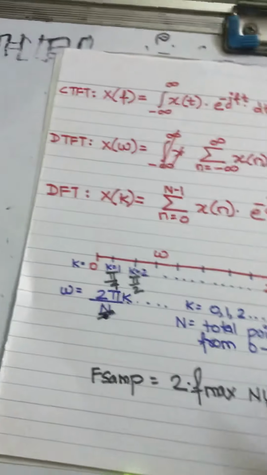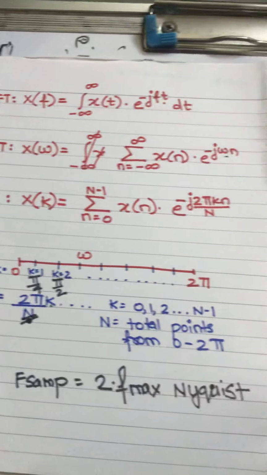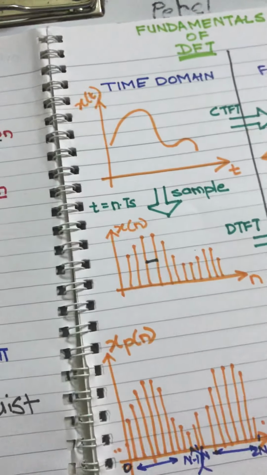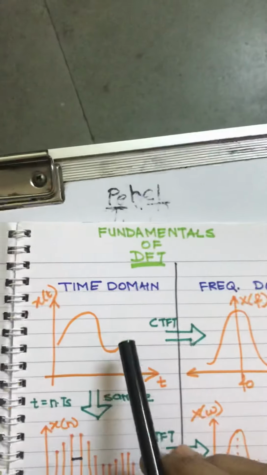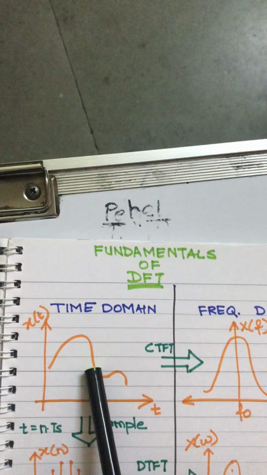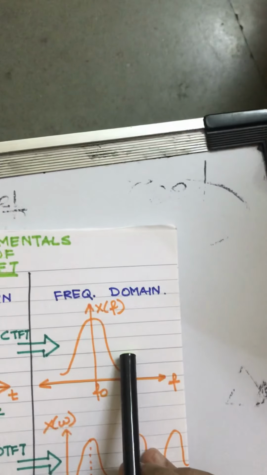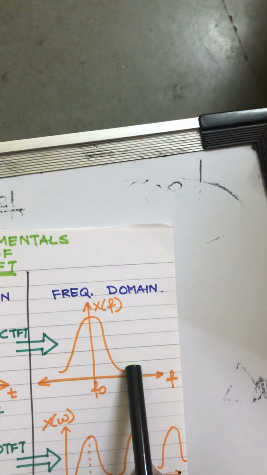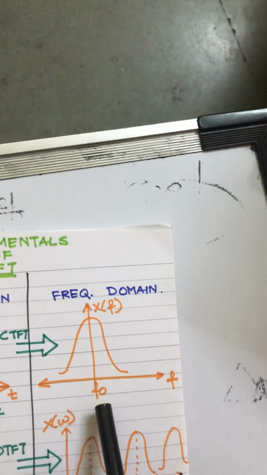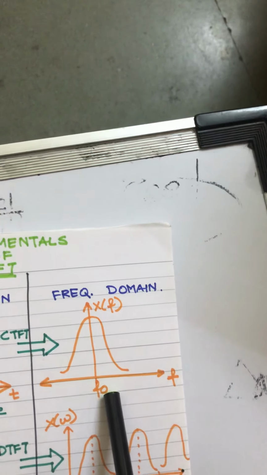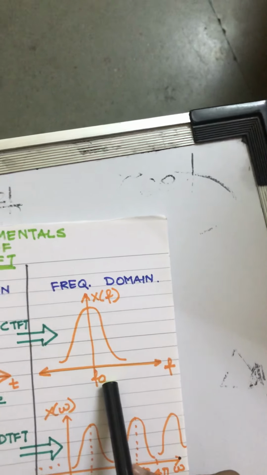Is it clear? So once again, I'll revise quickly. Let's say there is a time domain signal x of t, which I'm converting into a frequency domain signal x of f. So this is how the spectrum will look, with a peak at the fundamental frequency f naught. Clear?